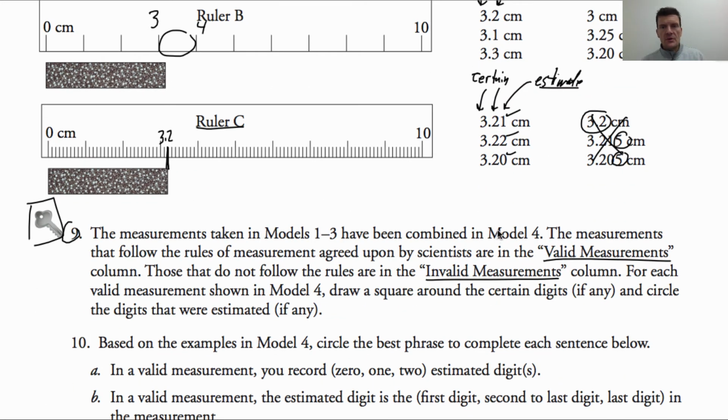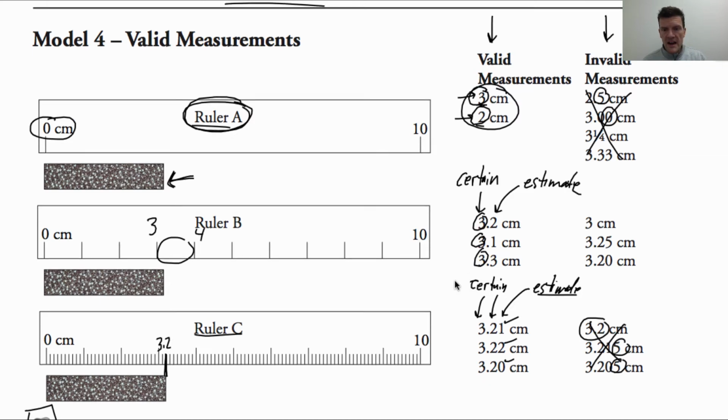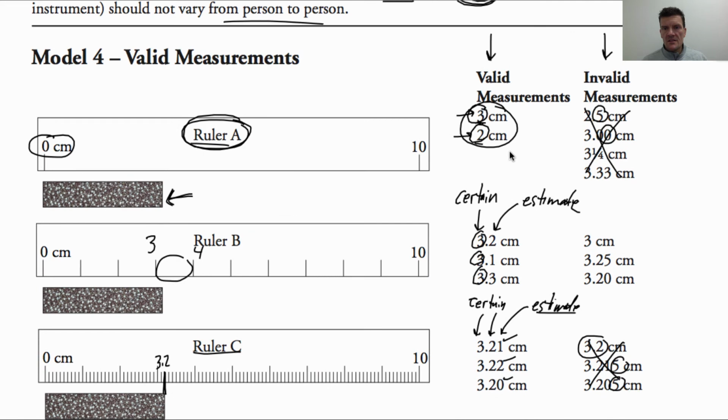So, if we wanted to, we would say these are all certain, and this is your... what did they say, to put a box around it? Sorry. Draw a square around the certain ones. Sorry, these are not certain. These are estimated. These are all certain.